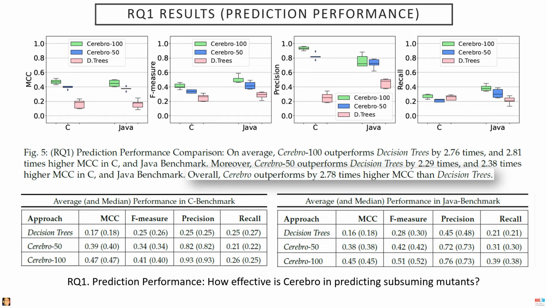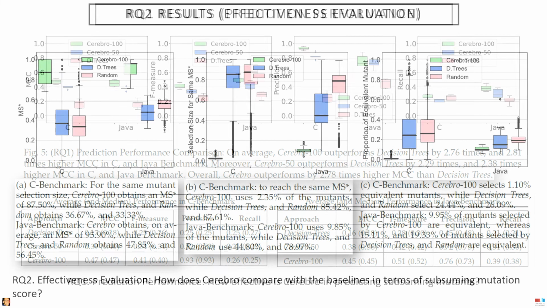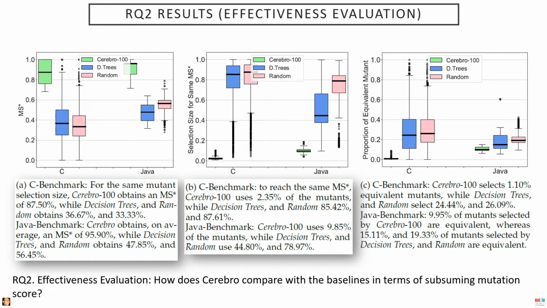Overall, Cerebro offers an improvement in prediction capability by almost 2.8 times higher than decision trees. For an equal number of selected mutants, Cerebro obtained almost twice the subsuming mutation score than the baselines.